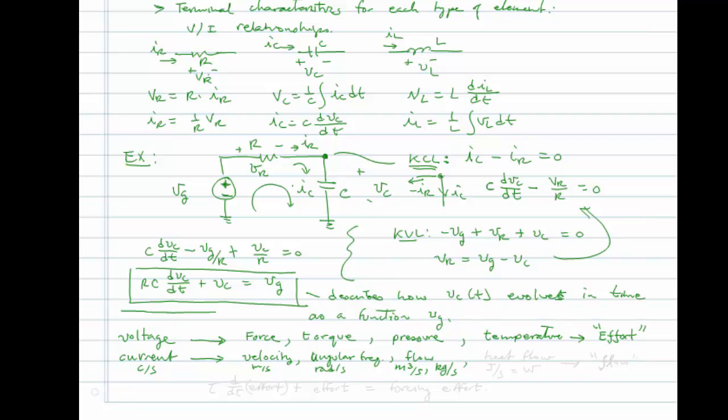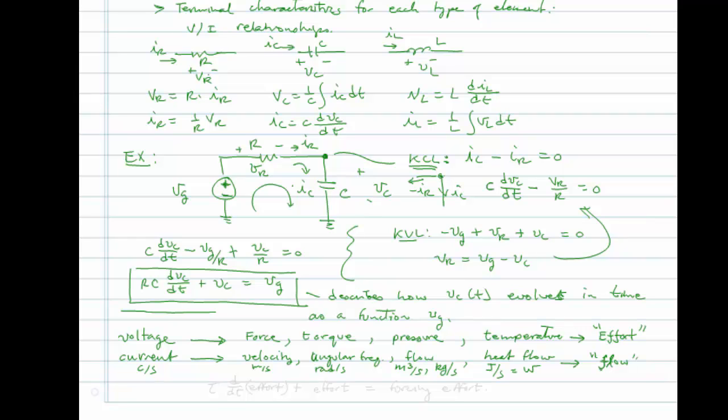And if it was a thermal system, we would have heat flow, which would be joules per second or watts. So if there's a temperature differential across some member, you have heat that flows. All of these are referred to as flow. So we have effort and we have flow.